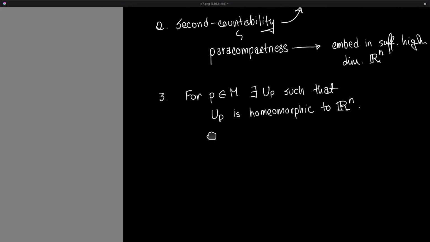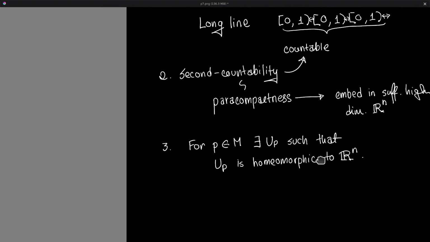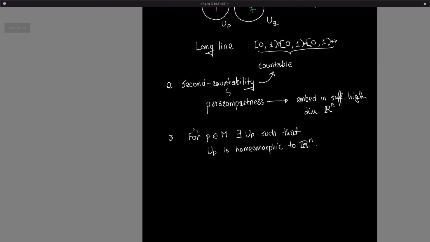So with all three of these properties, this is a specific sense in which we are saying that if you zoom in, our space will look like Rn.